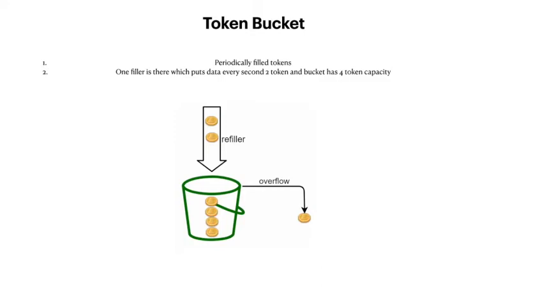The filler, at a specific time or period, will fill that bucket with some amount of tokens. In this diagram, we have a bucket which has a 4 token capacity, and the filler periodically, you can consider 2 seconds or 1 minute, after that period fills the bucket with 2 tokens.